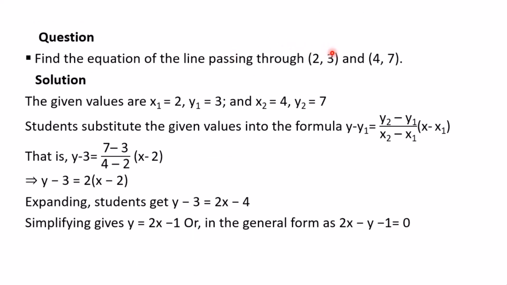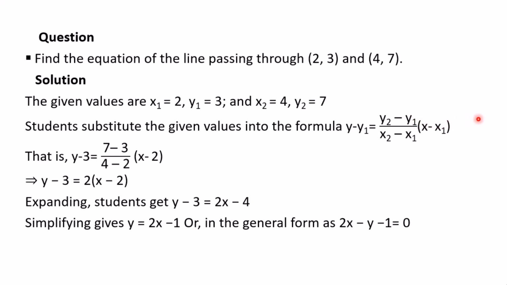So this is a question. The points here are (2, 3) and (4, 7). So our solution will be that x1 is 2, y1 is 3, x2 is 4, y2 is 7. By way of substitution, y1 is 3, y2 is 7, x2 is 4, x1 is 2.